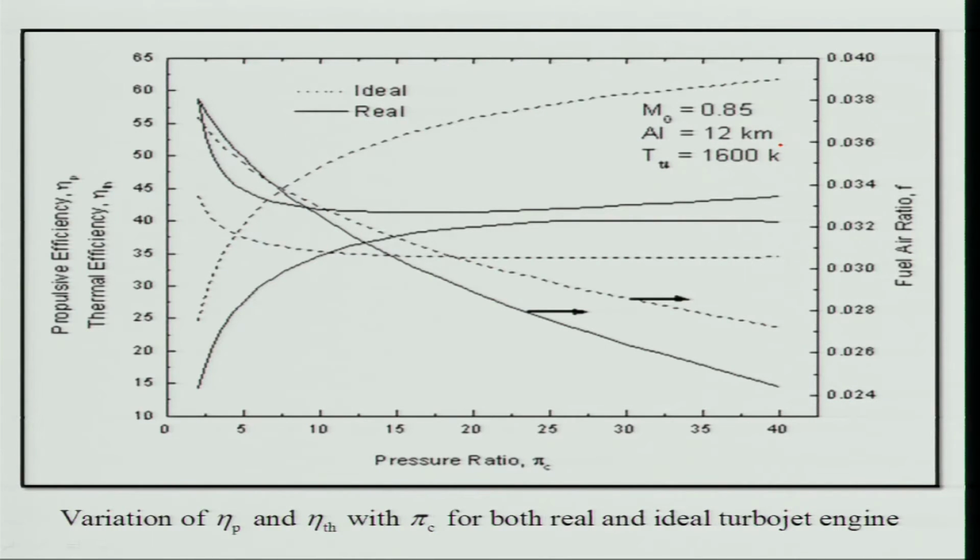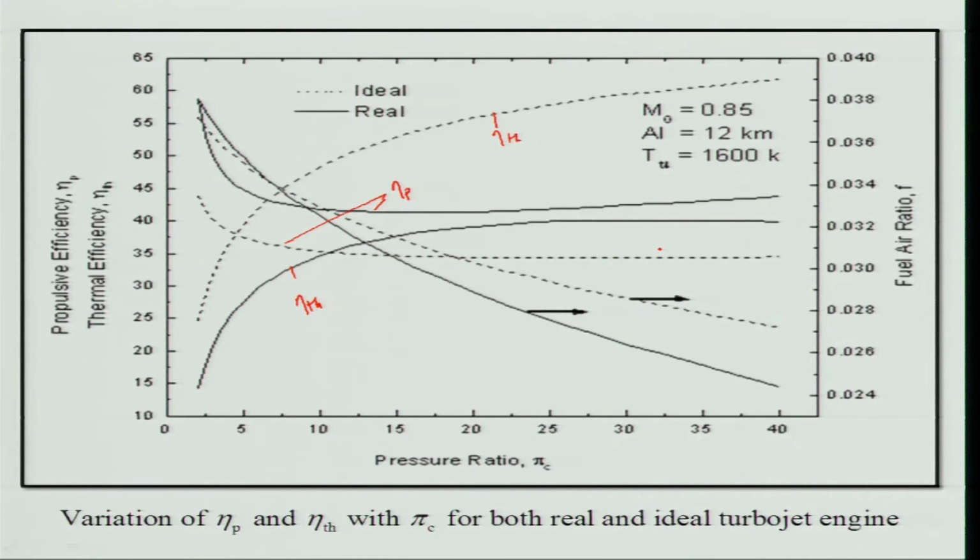Here, the dashed line is basically the ideal one, and this is your thermal efficiency, which is much higher in the ideal case, but in real cases it has much lower values. Whereas the propulsive efficiency in the real case has a higher value as compared to the ideal one.